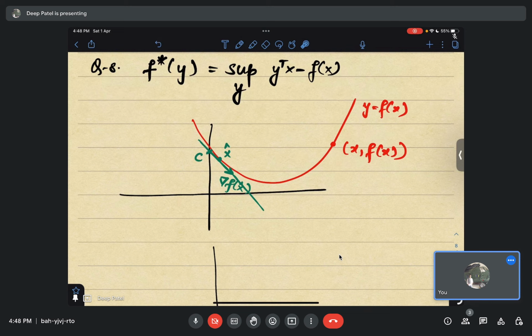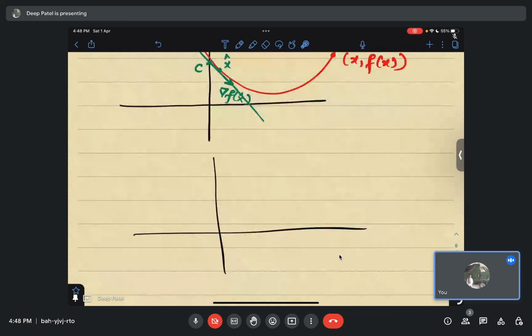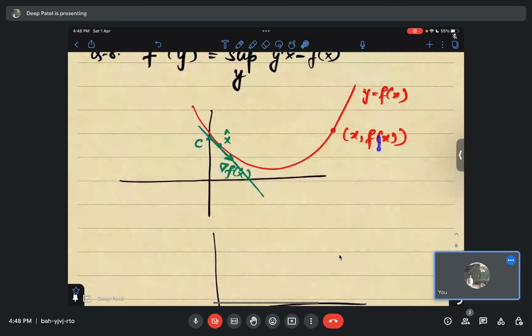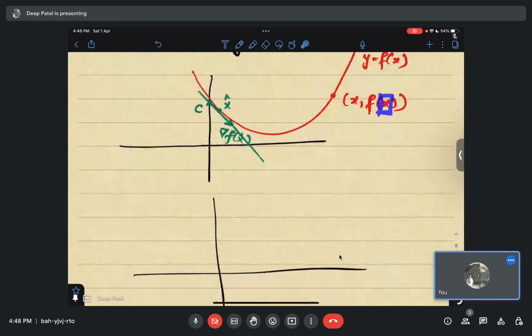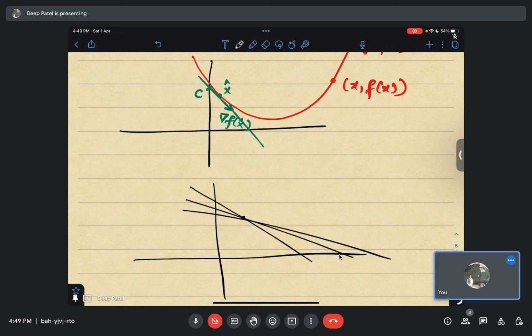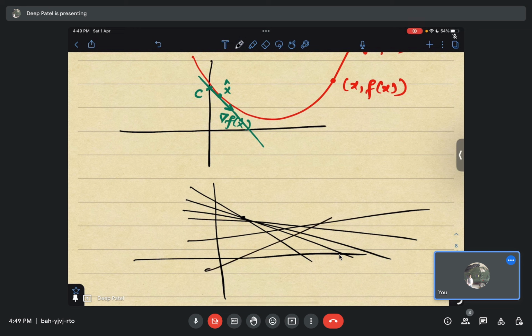Instead, at all the points in the domain of my function f, all valid x, at each point I will tell you the intercept and I will tell you the slope. Slope basically means a direction. So what I'll do is take an envelope of this.